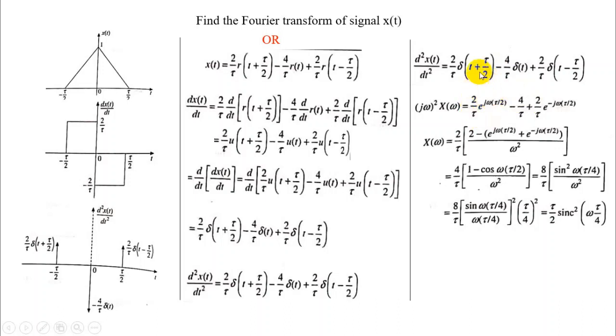So using the time shifting property, the Fourier transform of delta(t plus tau by 2) is e to the power j omega tau by 2. I have already discussed this in a previous video, so you can check that.